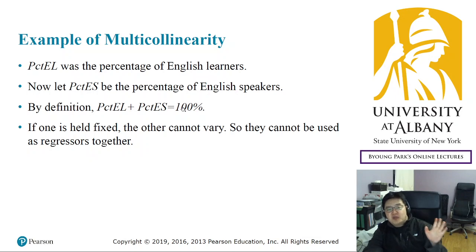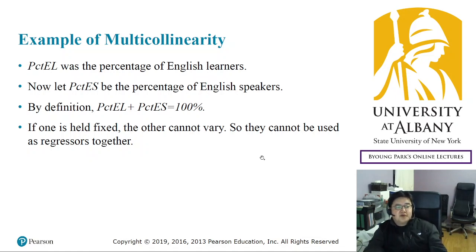If 20% of students use English as a second language, then automatically the other 80% must be English native speakers. So this is exactly the multicollinearity. Suppose that you fix the percentage of English learners at 20%, then the percentage of English speakers is always fixed at 80%. It cannot change, at least in the data, right?